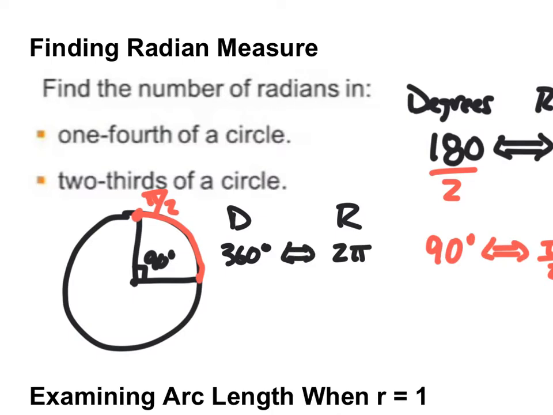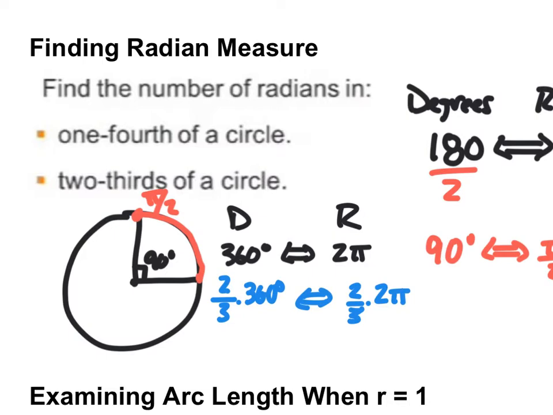And these are interchangeable. So if I wanted to find 2/3 of this circle, I'm going to take 2/3 times 360 degrees, and that's the same thing as doing 2/3 times 2 pi radians. So 2/3 of 360 degrees: I'm going to take 360, multiply it by 2, and then divide by 3.